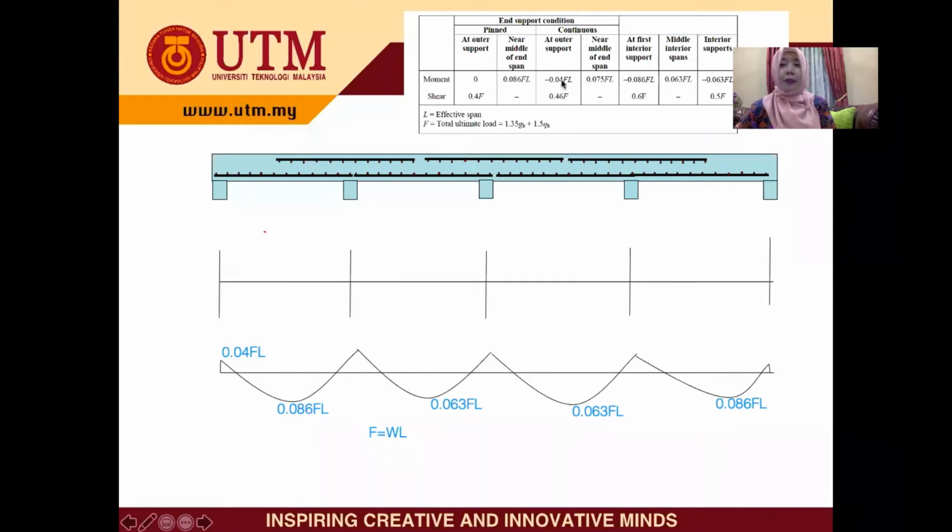Also, since we have a moment here, the middle of the end span moment will be reduced to 0.075FL.